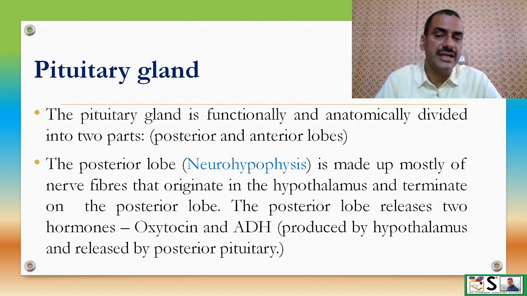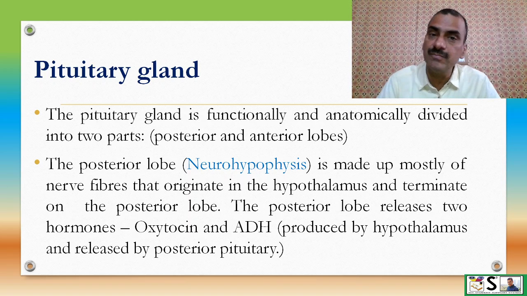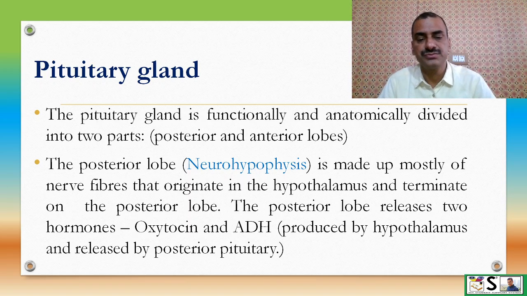The pituitary gland is functionally and anatomically divided into two parts, the posterior lobe and the anterior lobe. The posterior lobe, also known as the neurohypophysis, is made up mostly of nerve fibers. The nerve fibers originate in the hypothalamus and terminate in the posterior lobe.